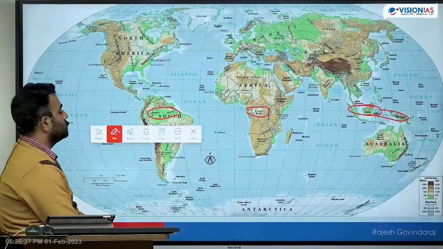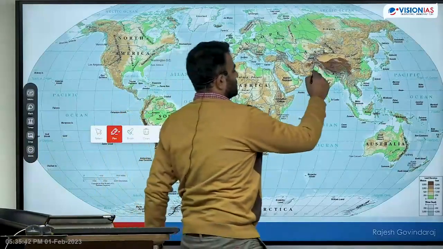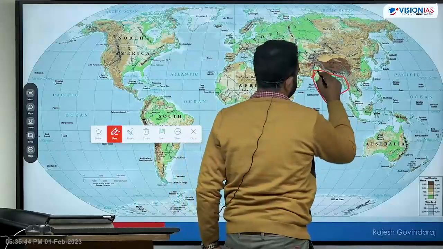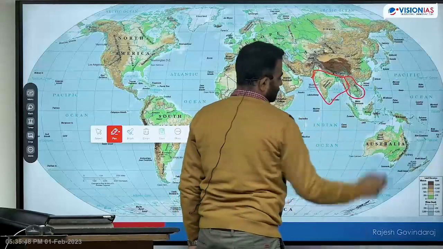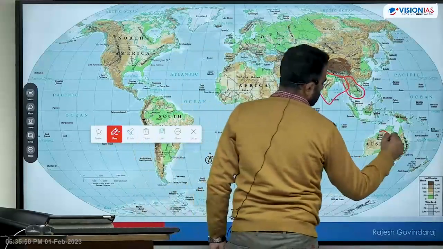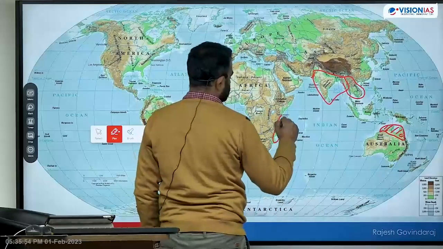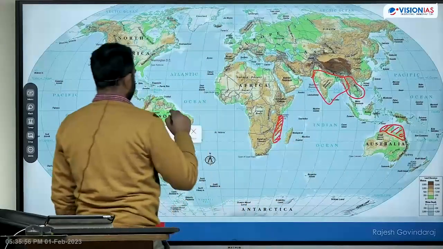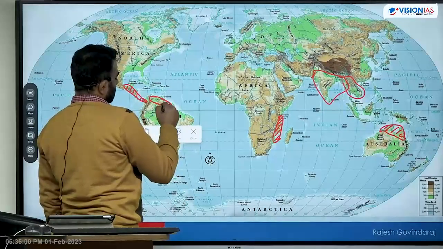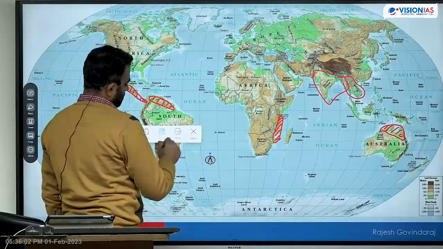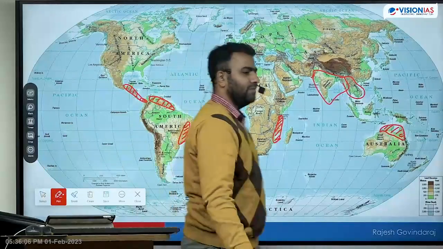What about monsoon climatic region? I told you this is monsoon climatic region. This is also monsoon climatic region. ये भी monsoon climatic region है. All these places experience monsoon climate.